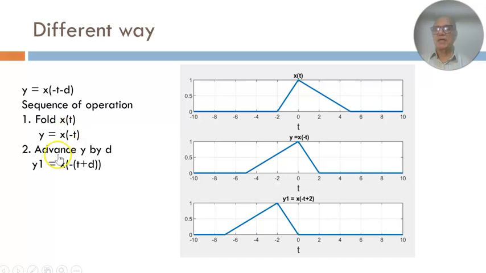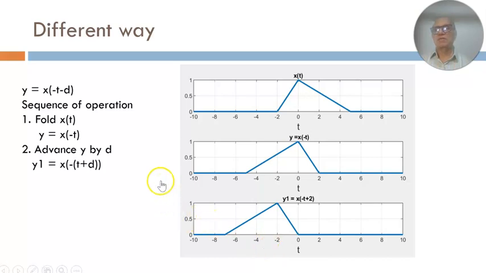We are now folding and then advancing. So you start with x(t), you fold, again you get this as usual, but now you advance this. So the whole waveform will shift to the left by 2 units. So this was starting from minus 5, it will now start from minus 7 seconds. This was ending on 2. So since the whole thing shifts to the left, it will now end on 0.